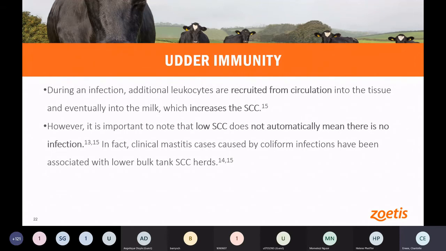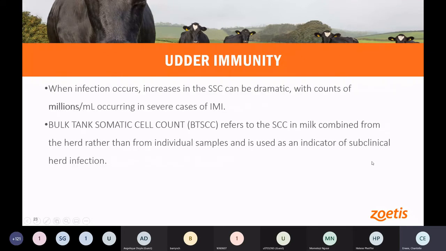In fact, what they've seen is that herds with lower bulk tank somatic cell counts have been associated with more coliform infection.